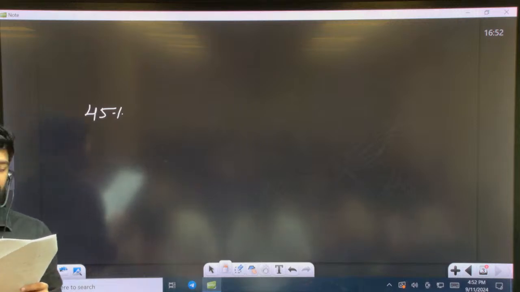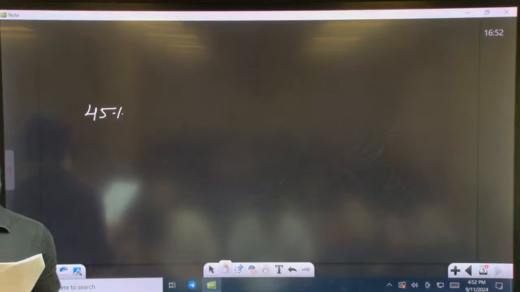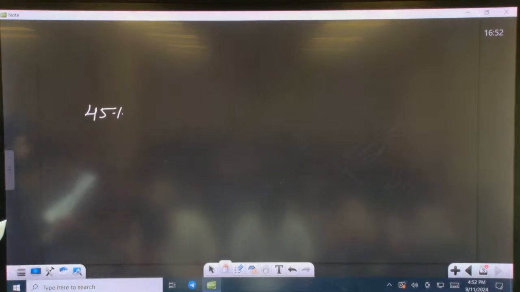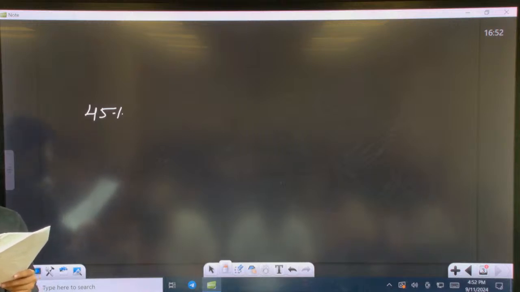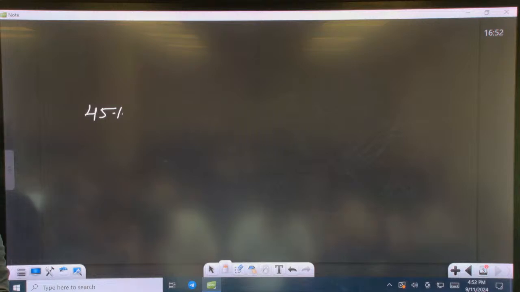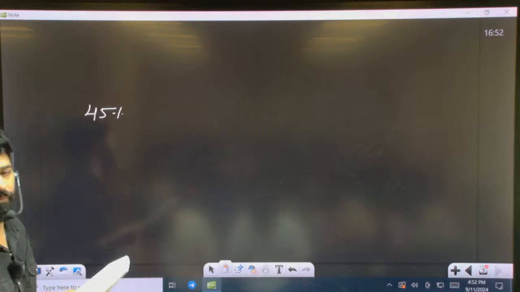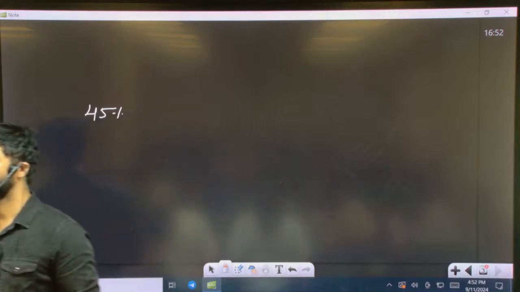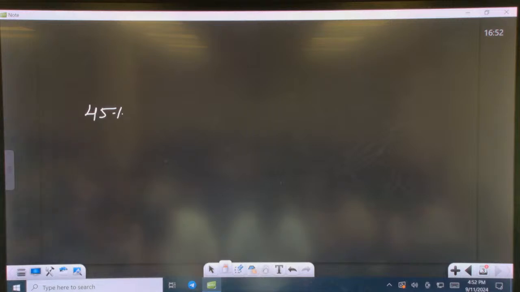The passing percentage of the exam is 55 percentage. Then find the maximum marks of the exam.